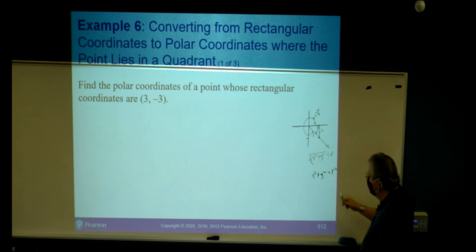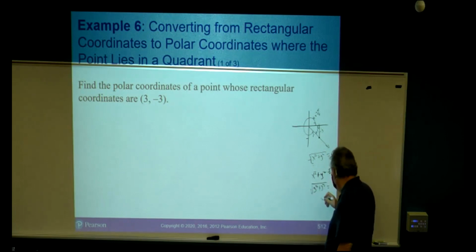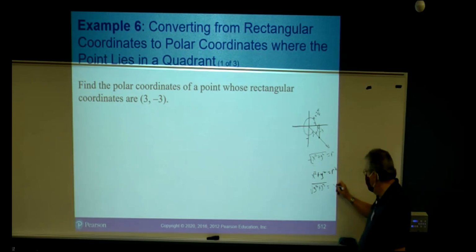And then when you take the square root, we want the positive square root. So we have 3 squared plus 3 squared, square rooted, which winds up being 9 plus 9, which is the square root of 18.